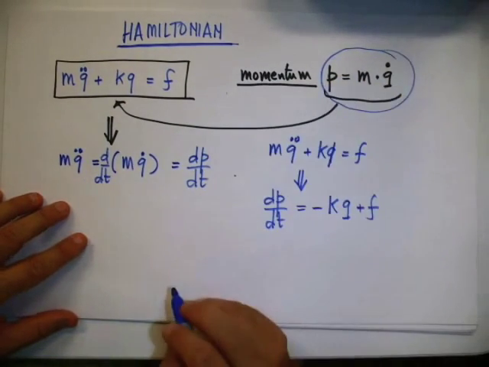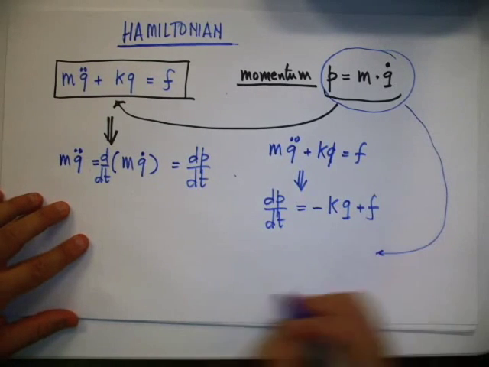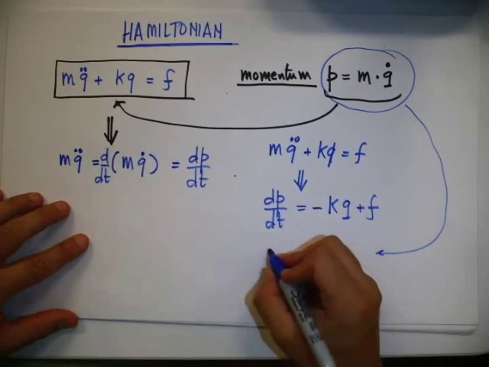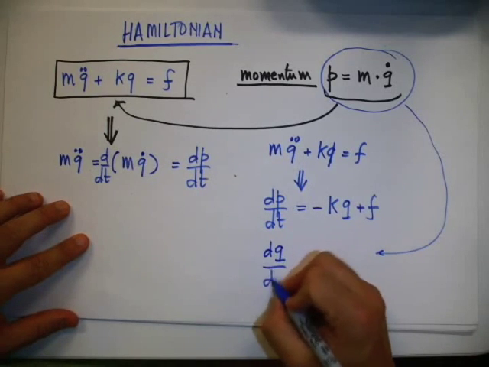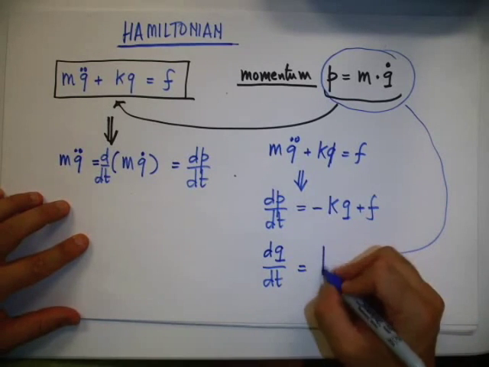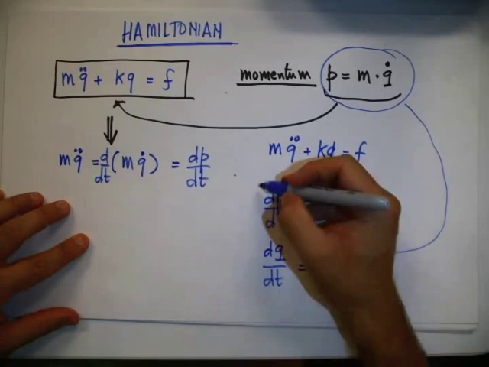But then I also have this equation, which I can couple to this other equation and write dq dt equal p divided by m.